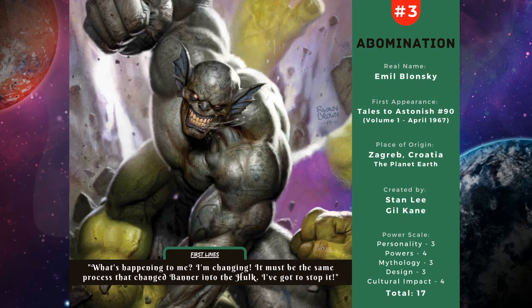And he got into Banner's lab and unfortunately pressed the wrong buttons and ended up turning into the Abomination. So his origin story is a little different from that in the MCU, although not ridiculously different.